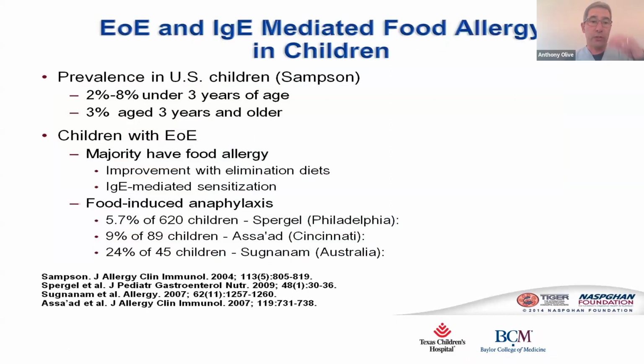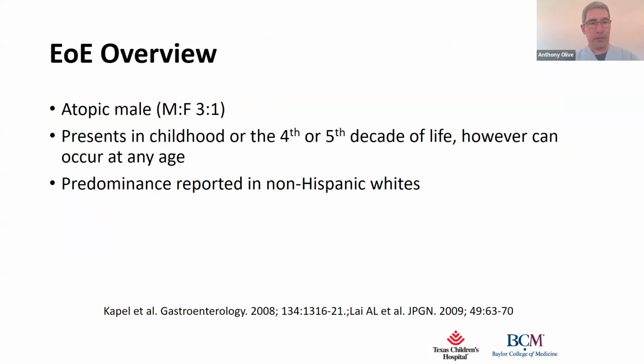Prevalence of food allergy is also much higher in EOE compared to the general population as well. So really all atopic conditions are much more common in patients with EOE.